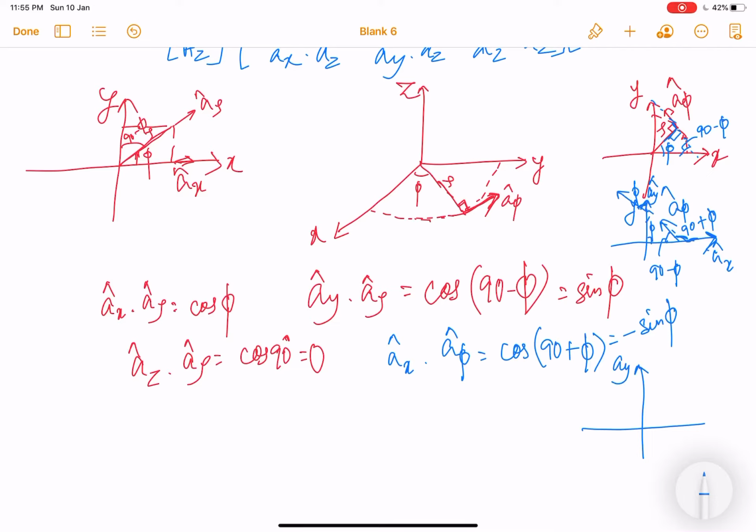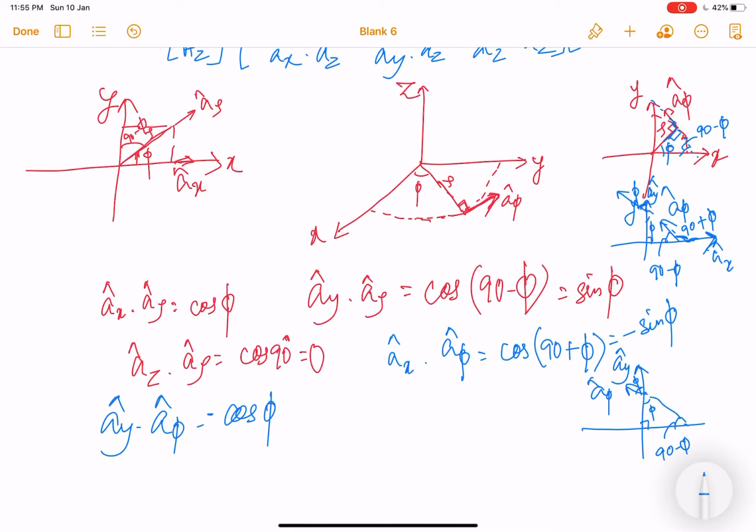This is my ay cap, and this is my a phi cap. This is 90 degrees, this is 90 minus phi, this is phi, and this will be phi. So my angle is phi, and ay cap dot a phi cap is equal to cos phi.